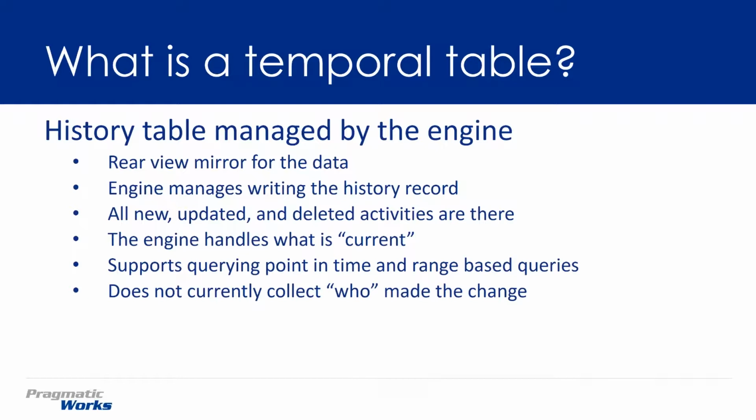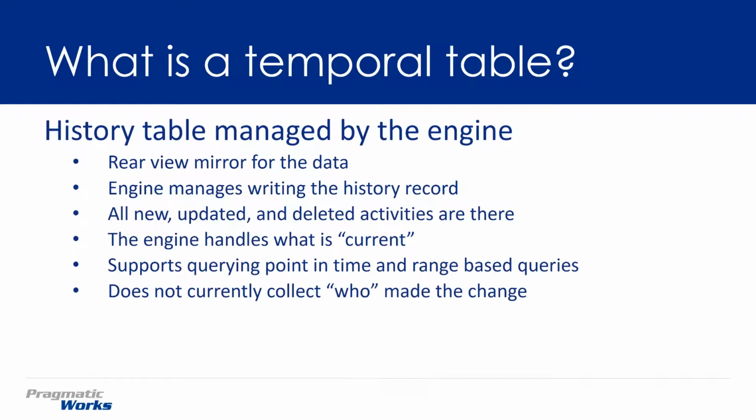In a lot of cases, we take the time, we write triggers, we do a lot of work to handle changes and updates to our data. And then basically we push all that to a table that we now have to figure out how to reference and bring together. What's really cool about the temporal table managed by the engine, and probably the best feature in my opinion, is that the engine handles what is current.